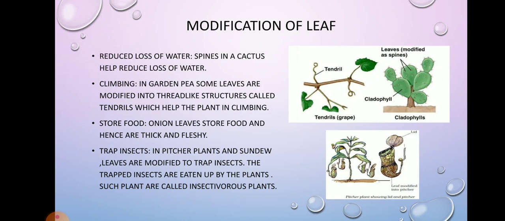The first is reduce loss of water. Again an example of cactus. Why does cactus have spines on it? We have seen that leaves are reduced to spines, and spines do not allow transpiration. Transpiration cannot take place through spines, and therefore these leaves are reduced to spines because the climate of the desert is very hot.